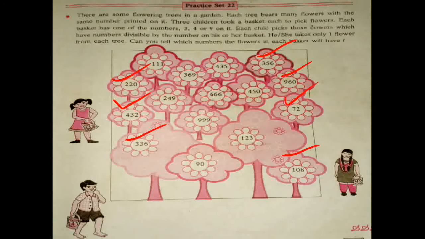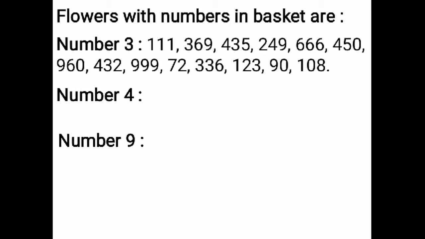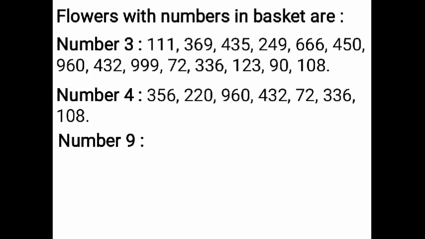All these numbers with flowers which I tick mark are divisible by 4. Now you have to write the answer. Numbers with flowers which you tick mark are divisible by 4.